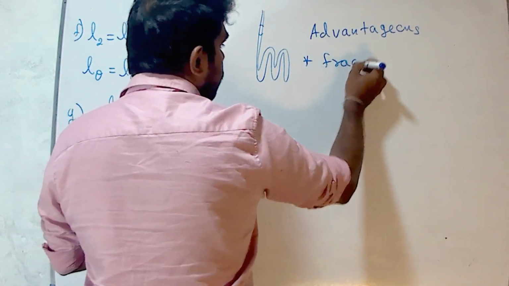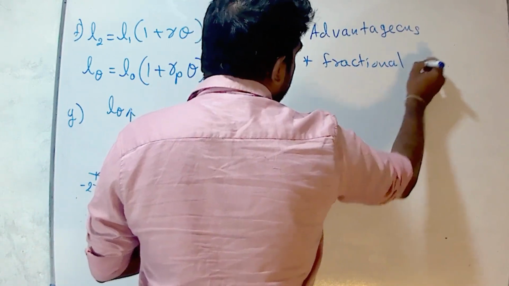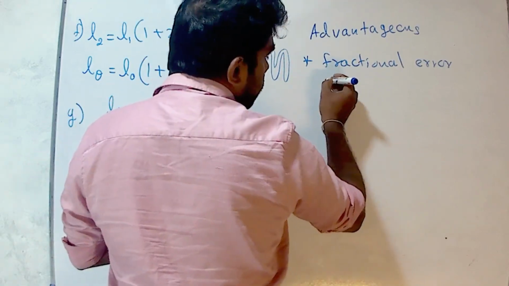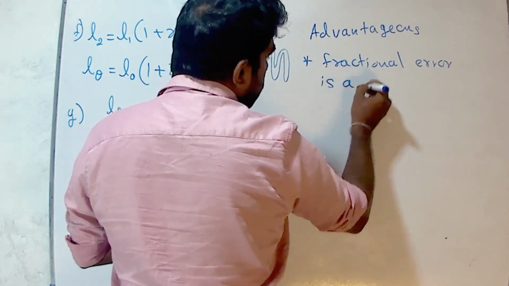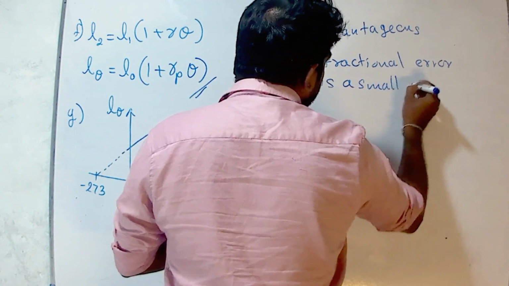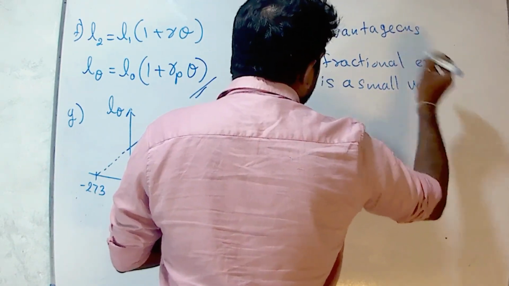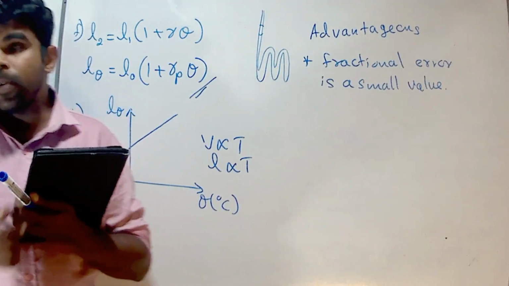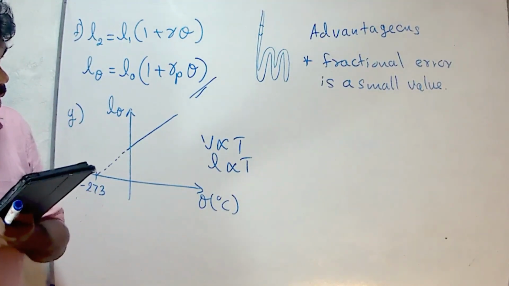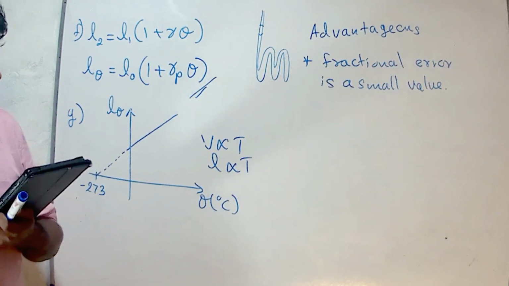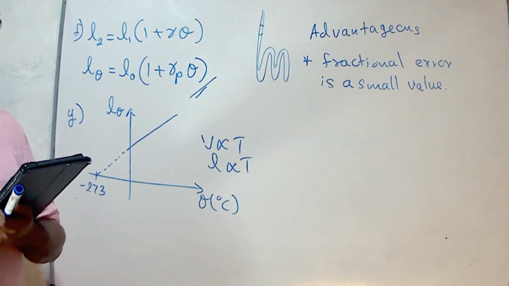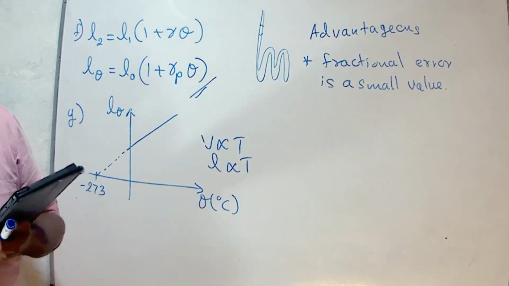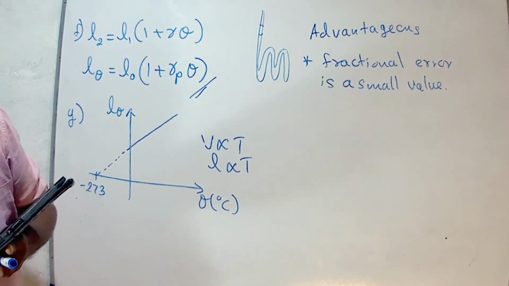Fractional error or percentage error is a small value. We are measuring length of air column. Therefore, when length of air column increases, the fractional error is decreasing.